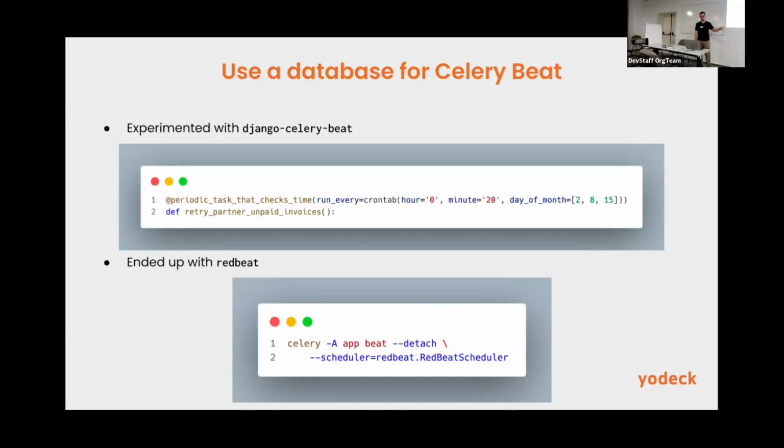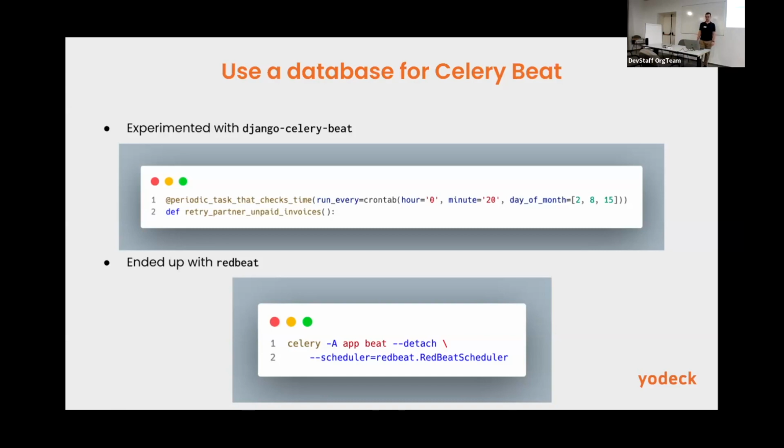I'm showing this because we actually had issues with this function. And we decided first to look if there is any other alternative, and then try to fix the database and check that everything that we have works and works correctly. And this is where we stumbled upon Redbeat.